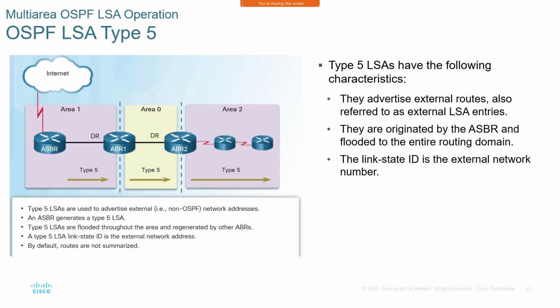Type 3 LSAs to send information from one area to another area. Type 4 LSAs, it lets everyone else know how to get to the ASBR. And type 5 comes directly from the ASBR, telling where the route to the external network is located. That's it. These are all the LSA types we have in OSPF.